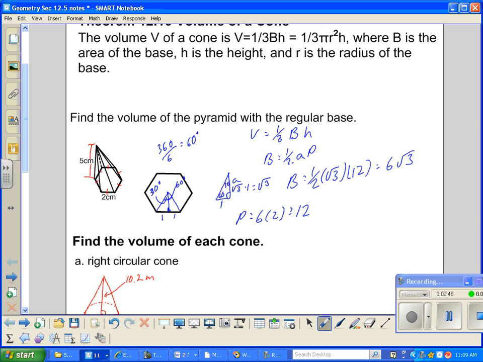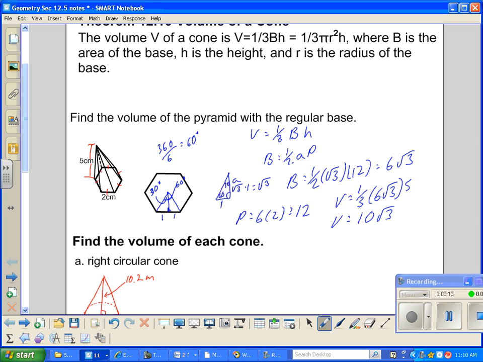So once we got that, now we plug it into the volume formula. Volume equals 1/3 of 6 square roots of 3 times the height, which is 5. So the volume equals 10 square roots of 3. 6 times 5 is 30, and 1/3 of 30 is 10.